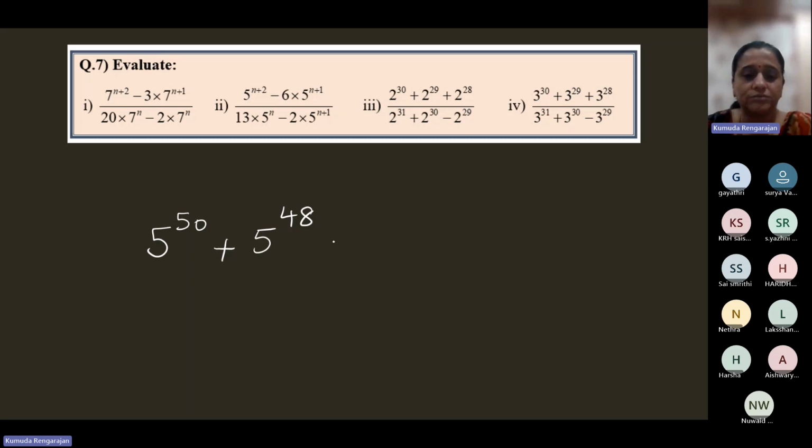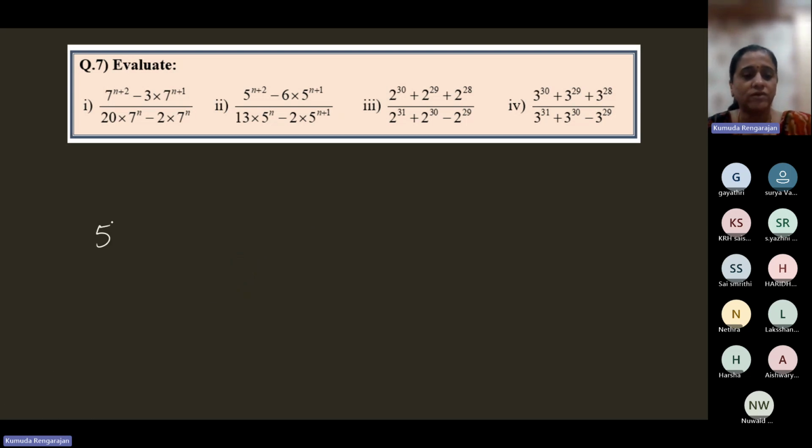Now you cannot use any law of exponents here because bases are same, but it's addition. When bases are same and it's multiplication, you can add the powers. Here bases are same and it's addition. You cannot add the powers. You cannot use the law of exponents here. Bases are same, but it's addition, not multiplication. So you cannot add the powers.